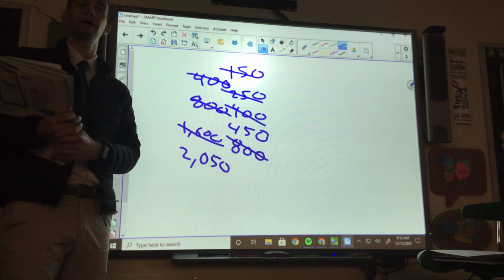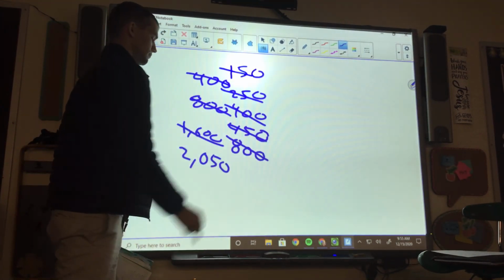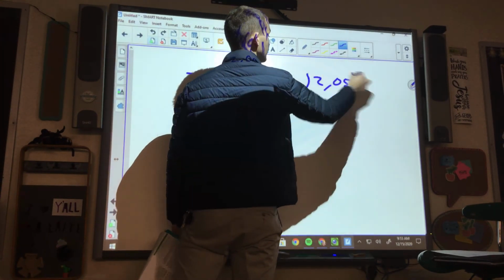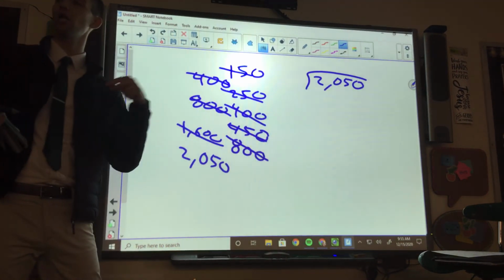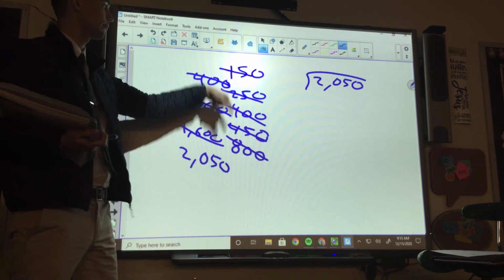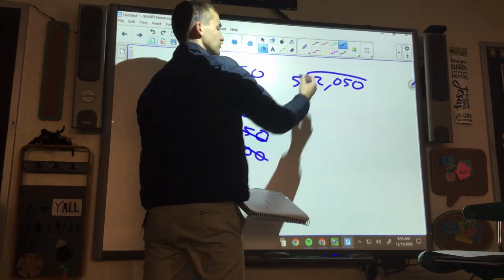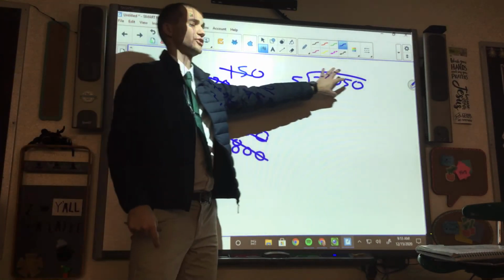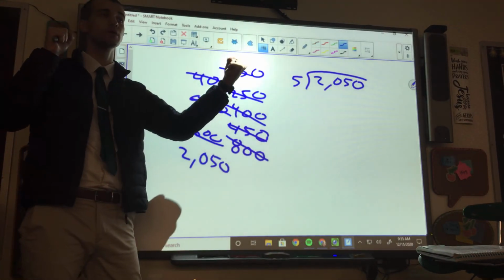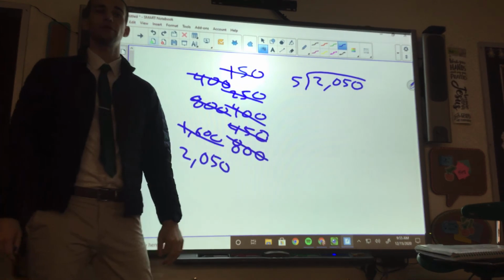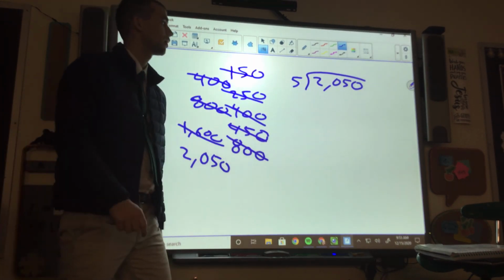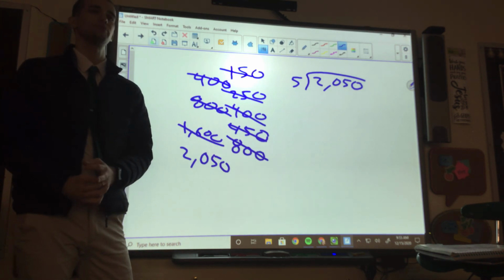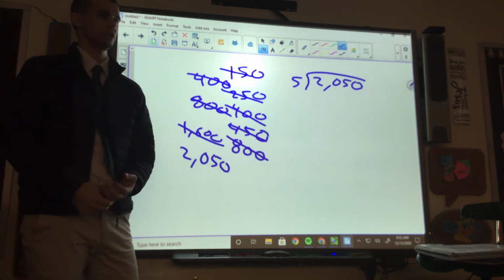I now need to divide by a number. How many total are there? Averages: you add them all up, divide by how many there are. Yep, 5 hours. Can anyone tell from the trick we said before, what can you split 2,050 up into so that you know what 5 goes into it really easily? 1,025. That's the answer, but what can you split it up into? Can you show us how you got that?